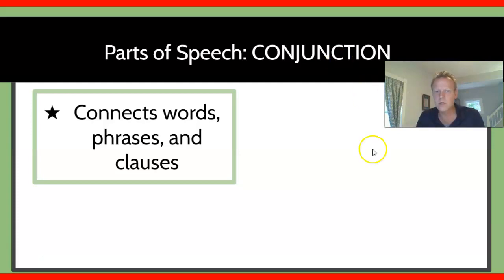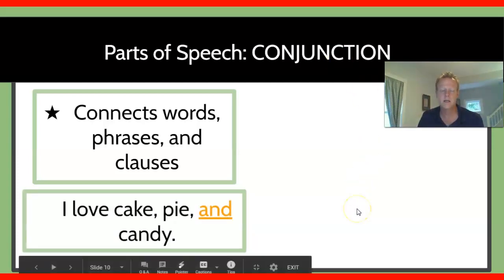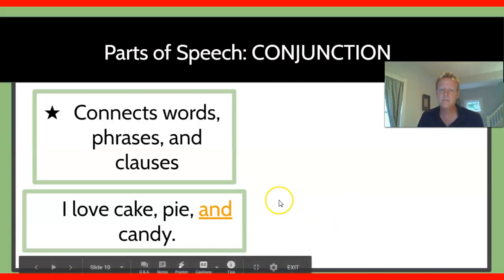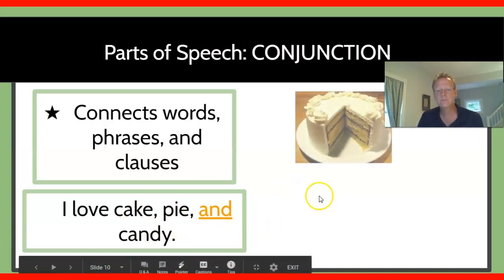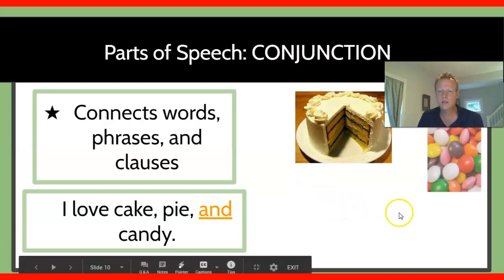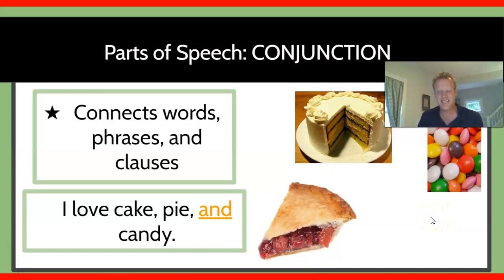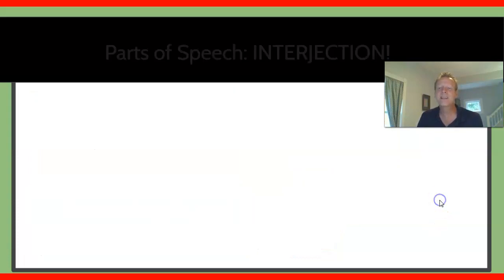Okay, words, phrases, clauses. I love cake, pie, and candy. And is a conjunction connecting these three words. Ooh, cake. Ooh, candy. Oh, pie. I love cake, candy, and pie. All right.